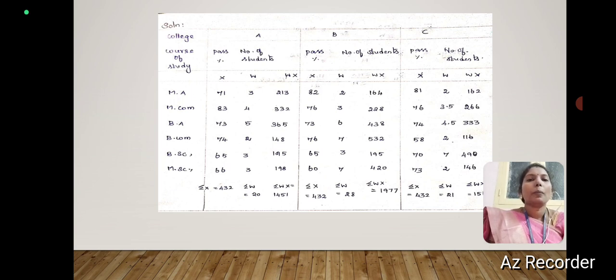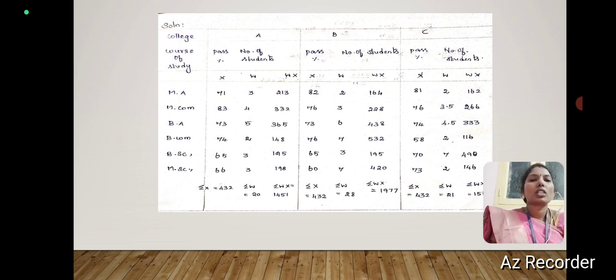For the course of study and college A, the pass percentage is considered as X, the number of students is considered as W, and the third column is Wx. Likewise, we put it in the B and C colleges also.